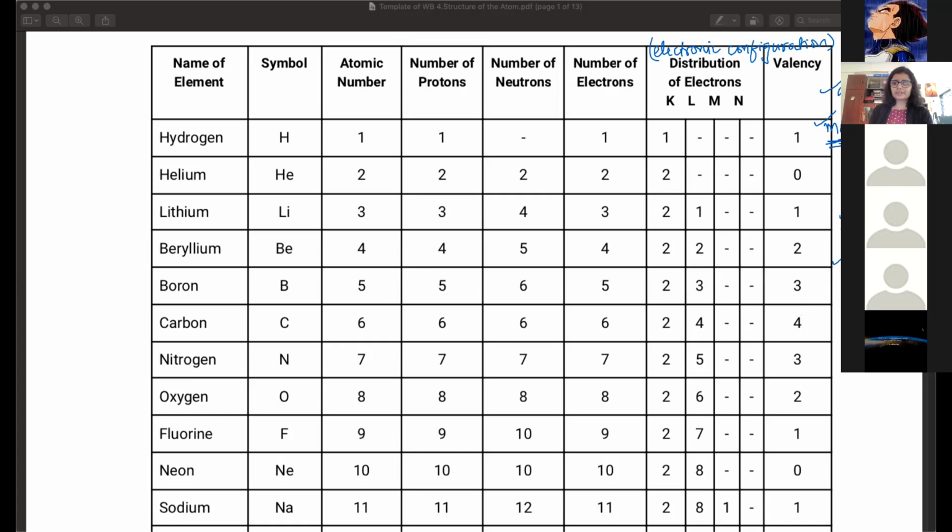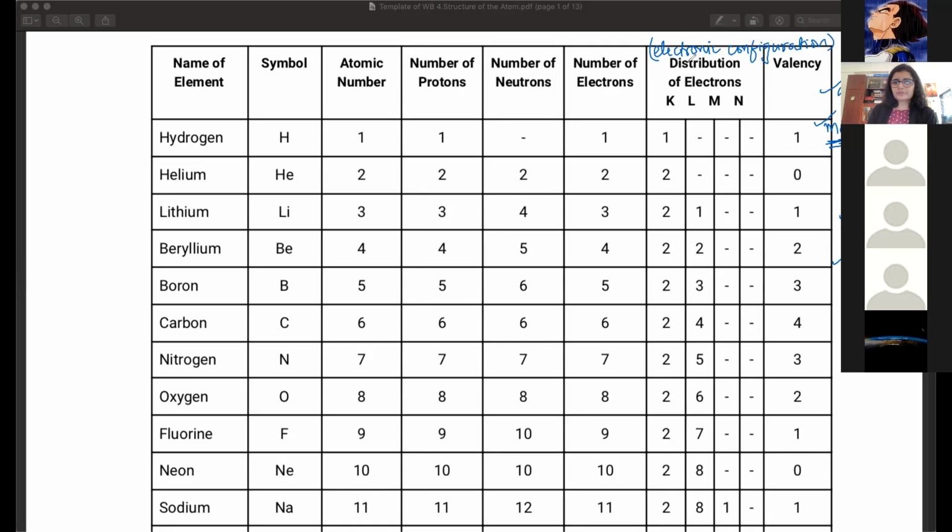Think of it mathematically. Okay, ma'am, I got it. A minus N is equal to Z. There you go. So mass number minus atomic number will give you the number of neutrons.